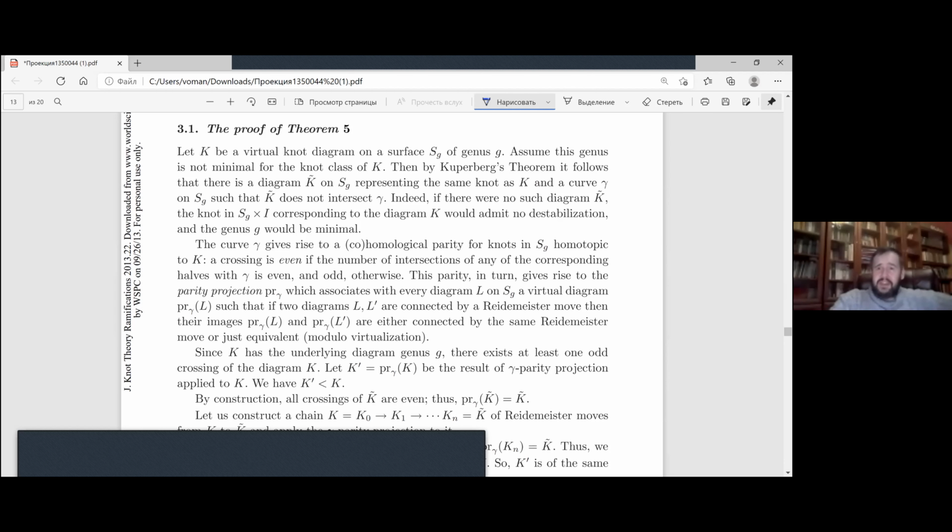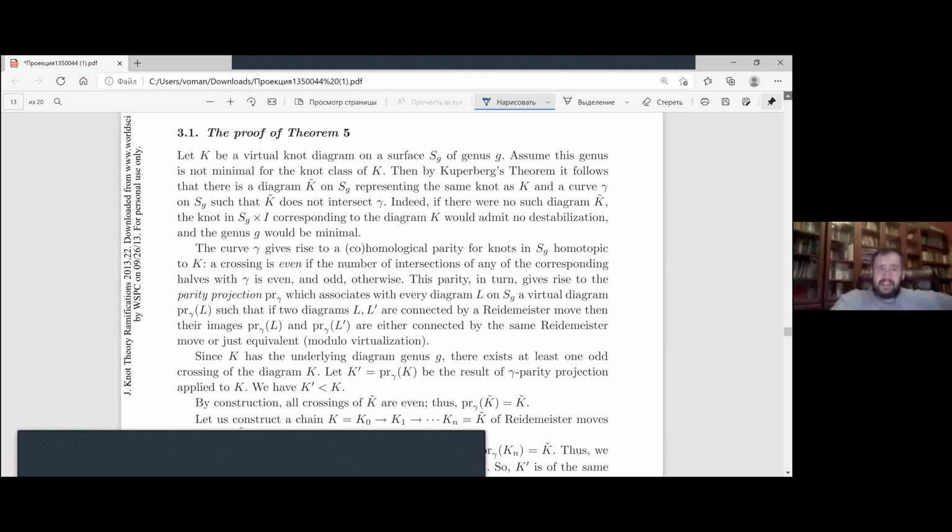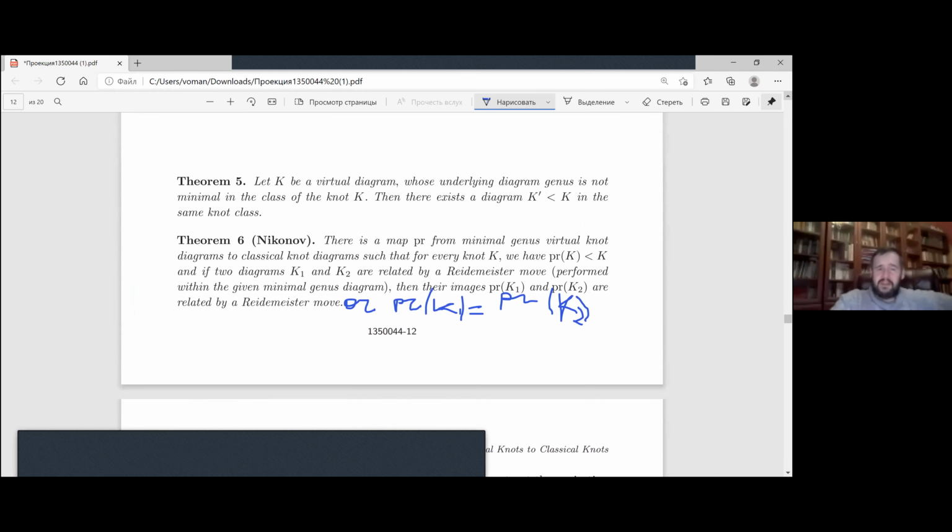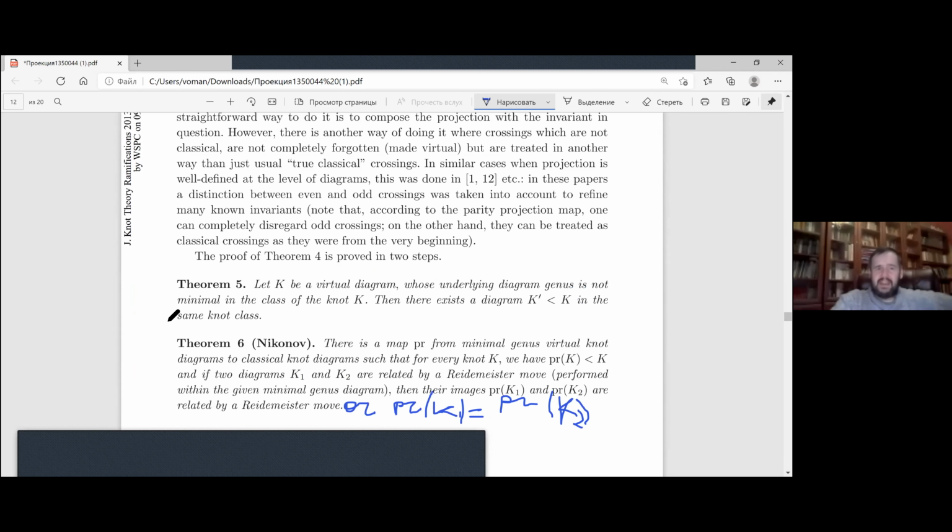Well, and actually this theorem 5 is something which has some ambiguity, and you see here I write there is a diagram. The idea is that more or less we can look at cutting handles which look differently but correspond to the same homology class.